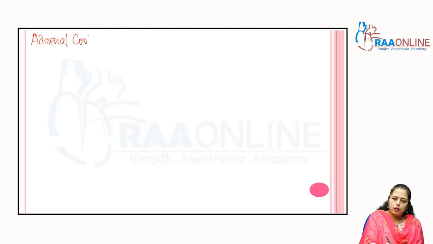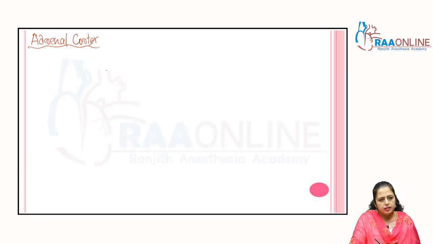Adrenal cortex, which is the part of the adrenal gland. Actually, the adrenal gland is divided into two parts, right? The cortex and the medulla, and the adrenal cortex is more important than the adrenal medulla, right? Cortex is the outermost region, medulla is the innermost, right?